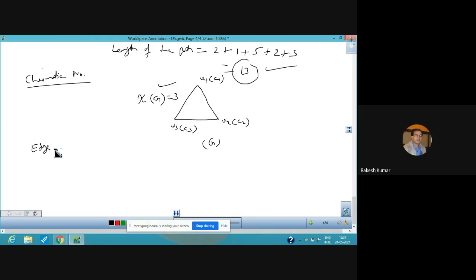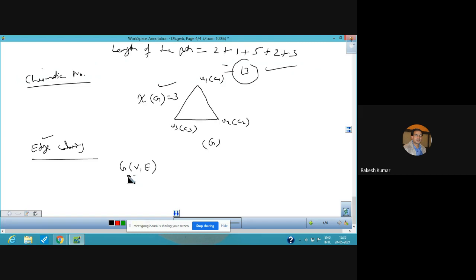Now the concept is edge coloring. As the name suggests, it is an assignment of colors to the edges of a graph G. So in graph G we have V vertices and E edges, and we have to color the edges of this graph so that edges incident with a common vertex are assigned different colors.